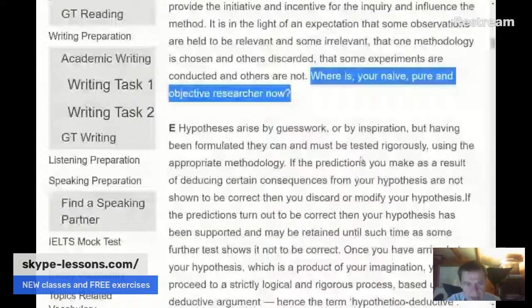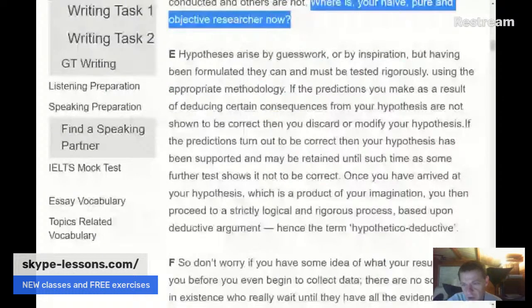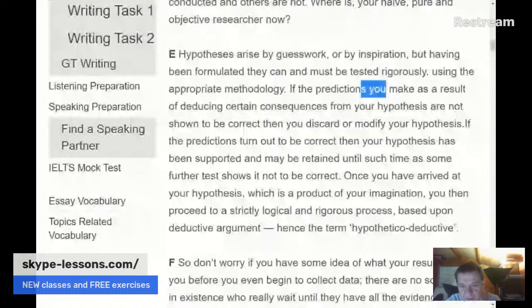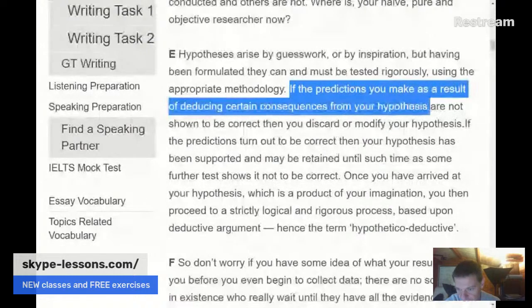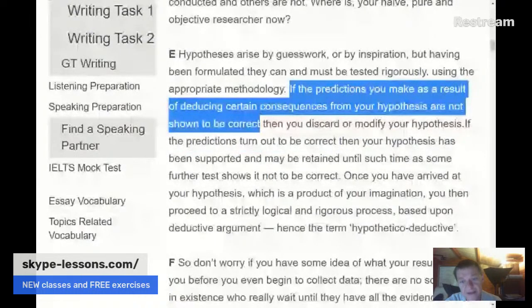Let's have a look at E. Hypotheses arise by guesswork or by inspiration, but having been formulated, still he's not mentioning you. Okay, here's a you, so let's have a look. If the predictions you make as a result of deducing certain consequences from your hypotheses are not shown to be correct, then you discard or modify your hypothesis.